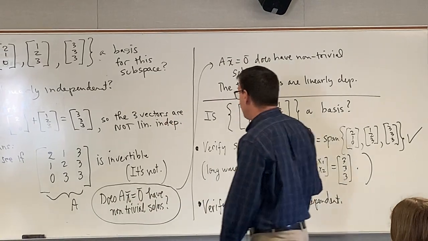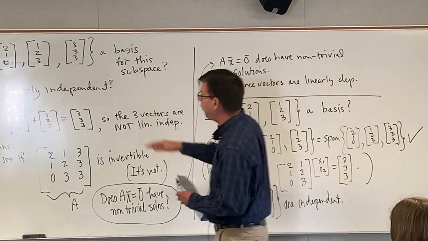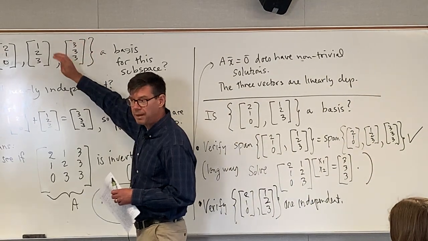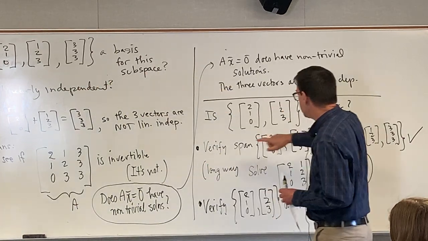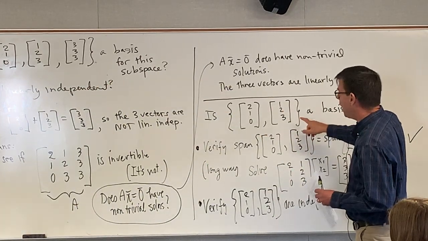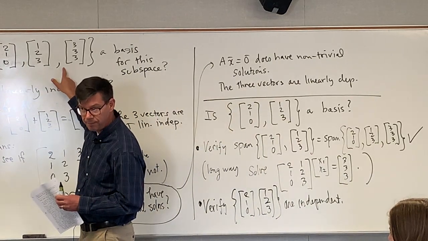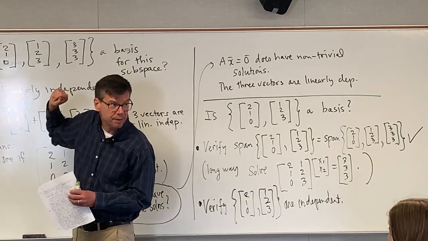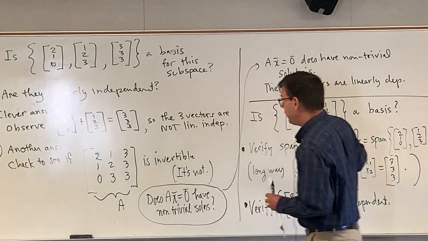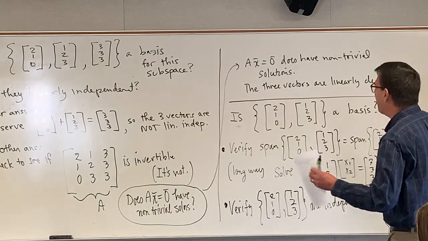So there's no rule that says if you remove the third one, you'll span the same space if they're dependent. The spanning theorem says if these three are dependent, you can remove one of them and you'll still have the same span. Now here we all know which one.